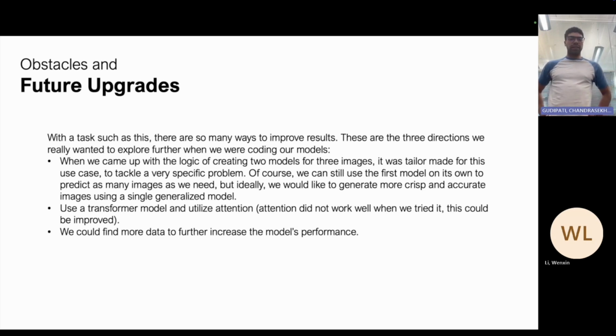We also thought about using a transformer model, utilizing attention. That was attempted, but given the time, we couldn't get it to work as well as the other results that seem to work very well. As a third point, we could also find more data. It would also be useful to have more compute units and further resources and time in this area.